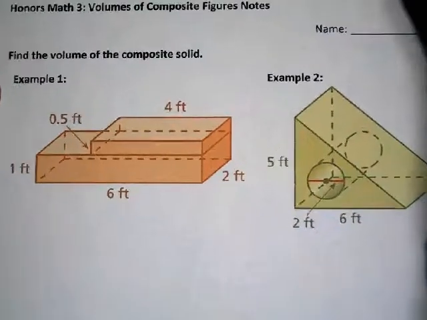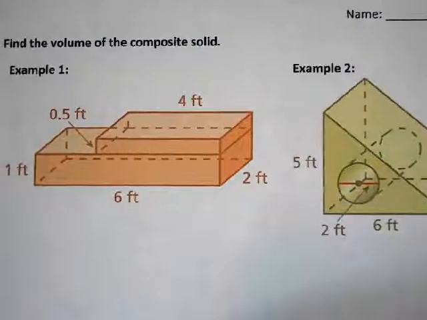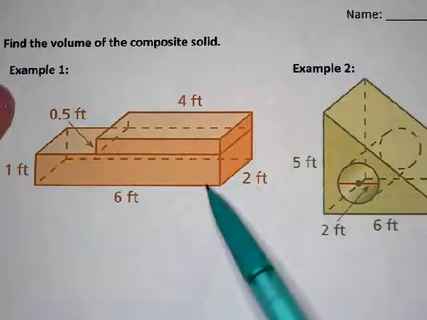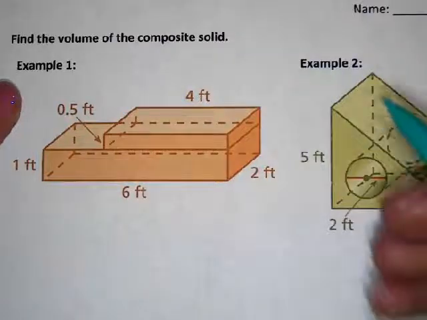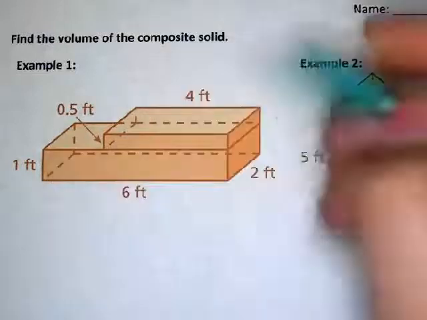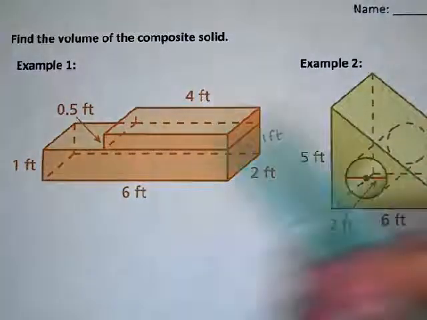So we have two rectangular prisms, and I always like to think of the height as being the longest side. So I'm going to imagine that these rectangular prisms are kind of flopped over on their sides. If this part is 2 feet and this part is 1 foot, then this part is also 1 foot.